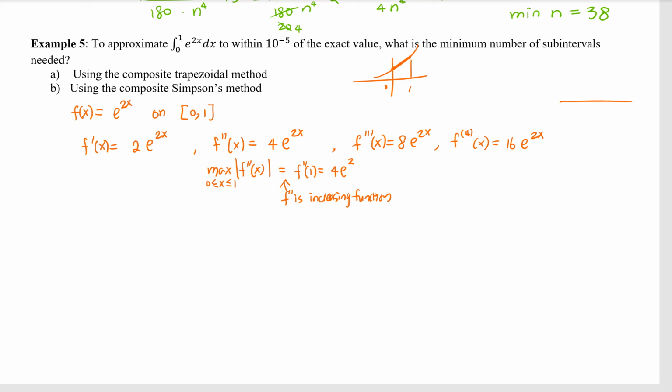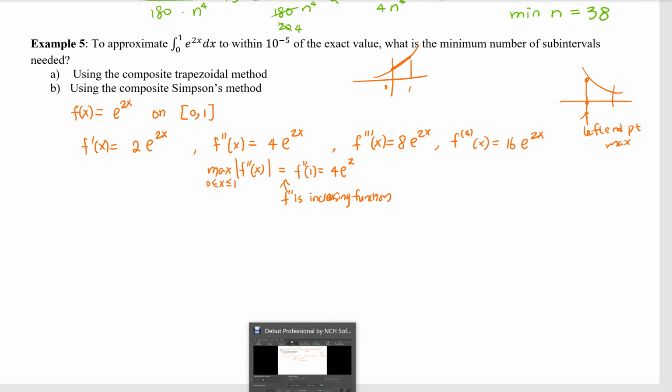However, if you have a decreasing function, then the left endpoint is where you're going to get the maximum. So you have to be careful. For the basic graphs, like power functions, polynomials, the 6 trig functions, exponential functions, logarithm functions, you need to know the shape of them.